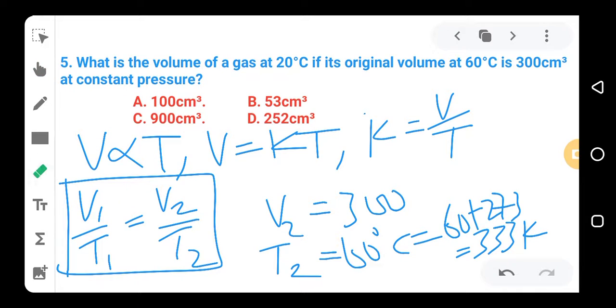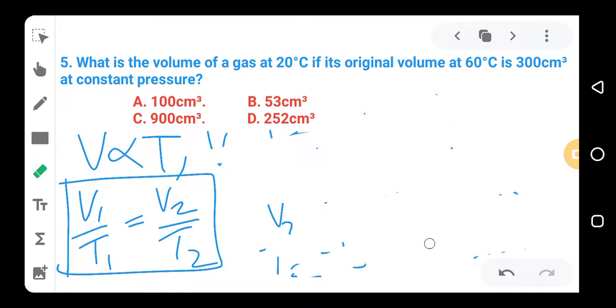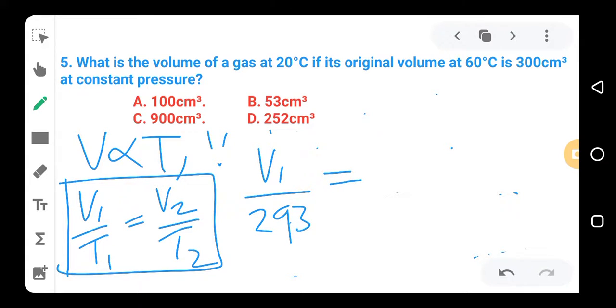Now substituting, we are looking for V1, and T1 is 293, and V2 is 300, and T2 is equal to 333.